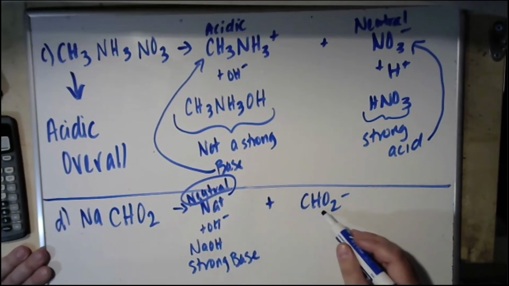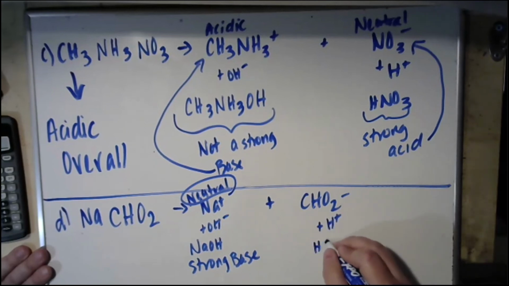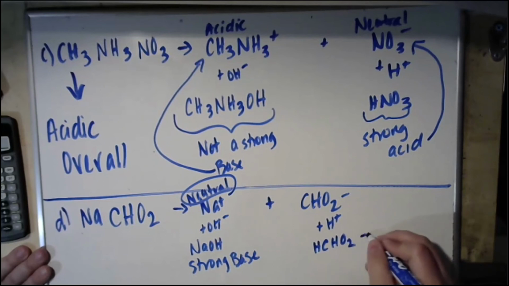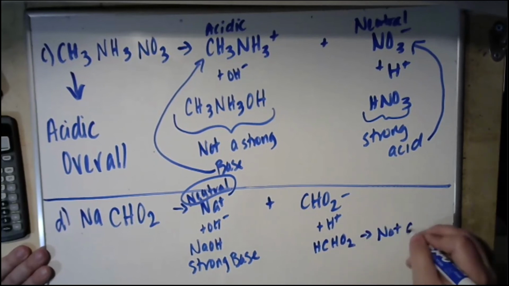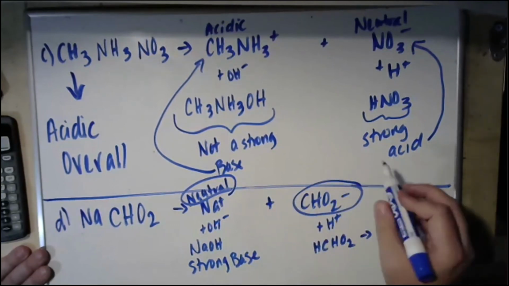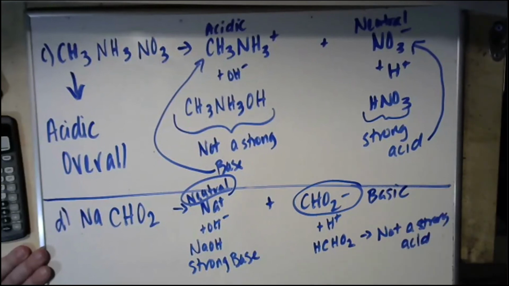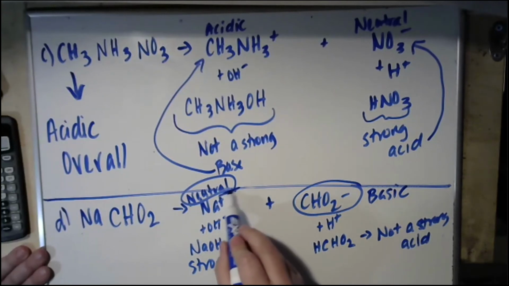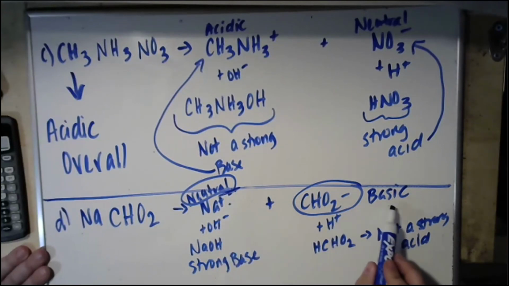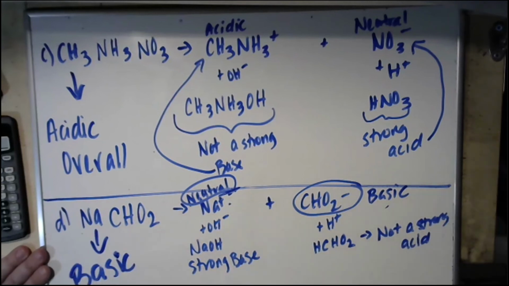For my CHO2 minus, if I add a hydrogen ion, it forms HCHO2. That is not a strong acid. That means that this anion here is basic. So if I have a neutral ion mixing with a basic ion, my overall solution is going to have a basic pH.